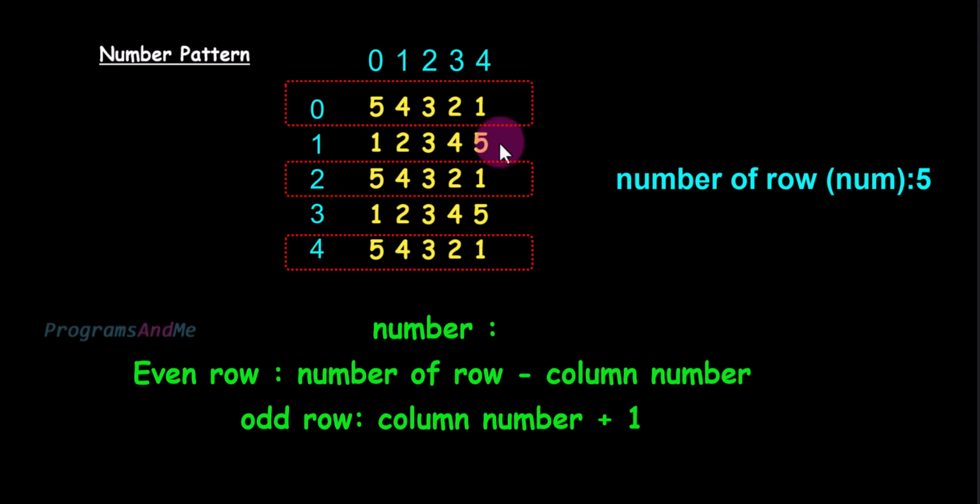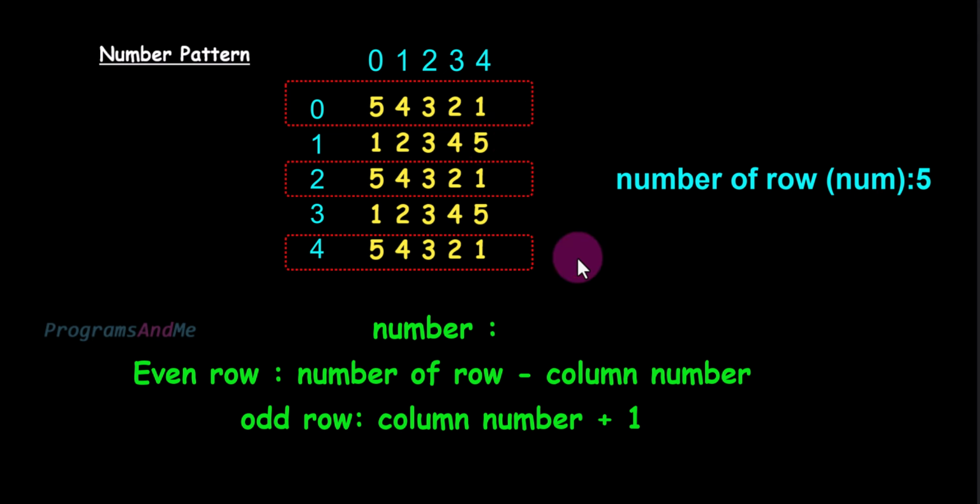And to print the numbers in the odd row numbers, we want to print 1 2 3 4 5. So what is that? That is actually column plus 1. If I write column plus 1, so 0 plus 1 is 1, 1 plus 1 is 2, 2 plus 1 is 3, 3 plus 1 is 4, 4 plus 1 is 5, right? So we need to use these two formulas.